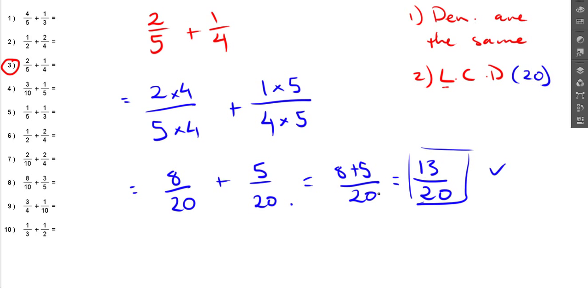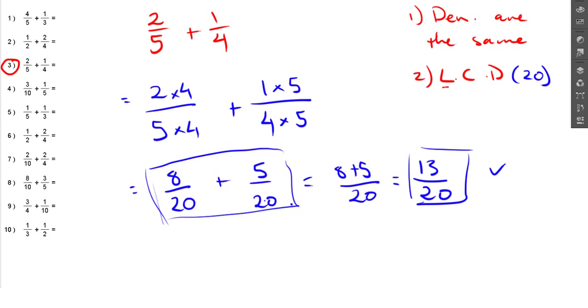So our denominators are the same. Did we check that? Yes, we found the lowest common denominator to be 20. So we said 5 times 4, 4 times 5, which got us 20. So we got to this point here where the denominators are the same. So that's the only way we can add and subtract fractions, is if the denominators are the same.